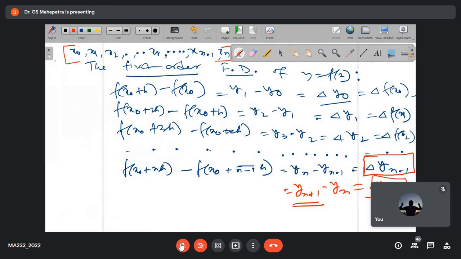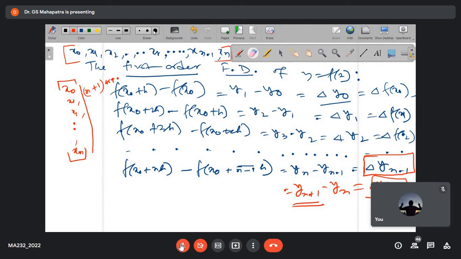If you consider x0, x1, I'm writing vertically, x2, xn are the arguments of the given function y equals f of x, and you have considered n plus 1 arguments, in that case you can find only up to del of y n minus 1.